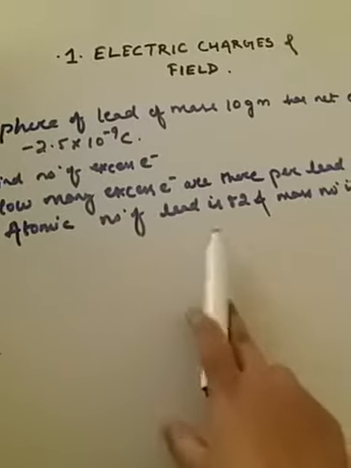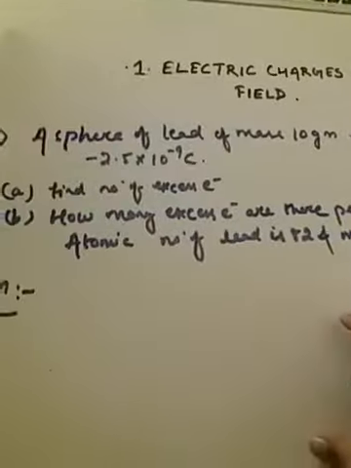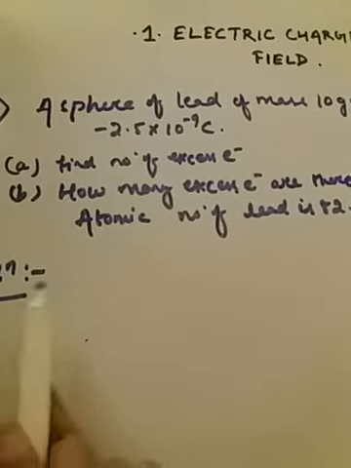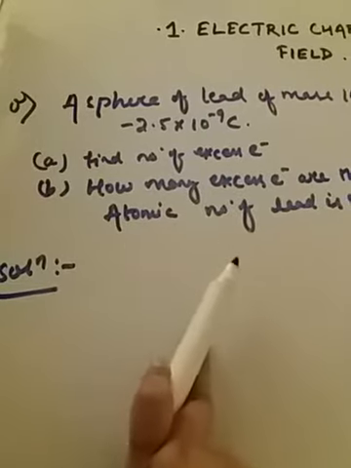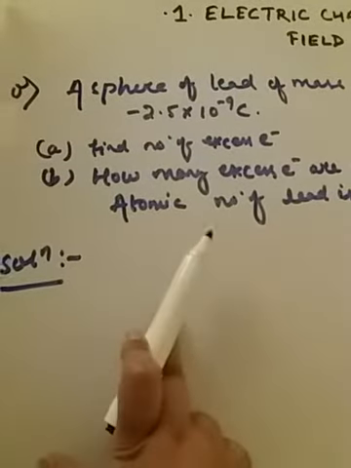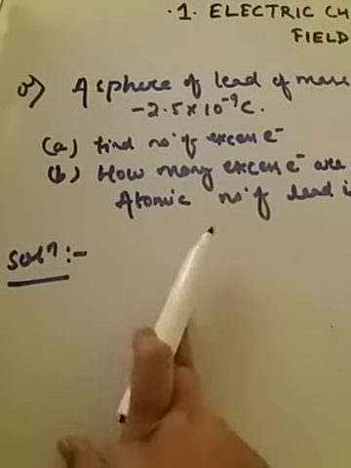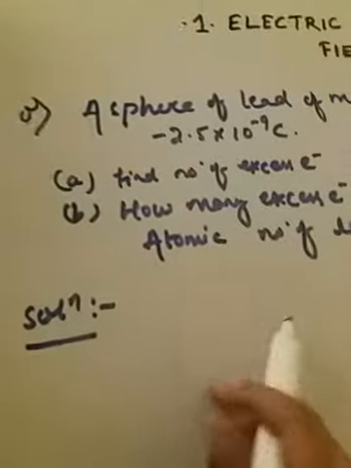Atomic number of lead is 82 and mass number is 207 gram per mole. Pause the video and get the answer, and if you don't get it, then please do write in the comment box. Here I am doing the solution, and see it, and after seeing it, do it again on your own, then you will get it.